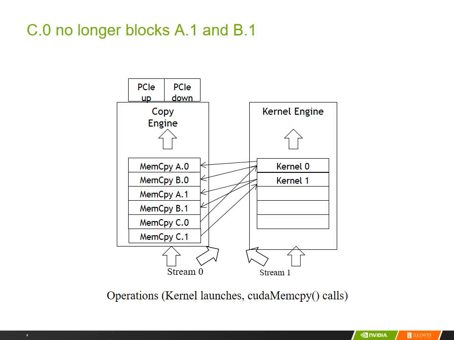So we're showing that kernel 0 will be looking at memcpy A0 and B0, and it will not be released until memcpy A0 and B0 have been performed by the copy engine. This is shown as the two arrows from kernel 0 to the memcpy of A0 and B0, and this is to enforce the sequential execution requirement of the tasks in the same stream.